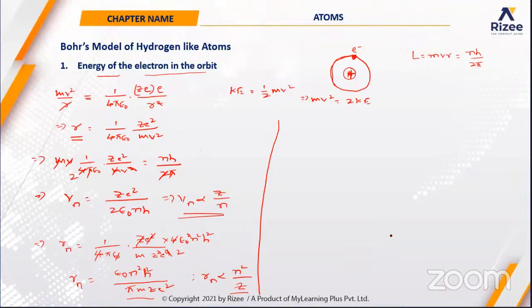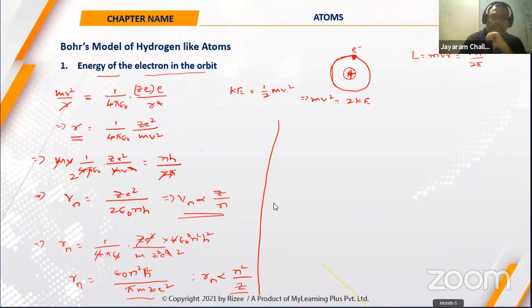Substitute the velocity of the nth orbit in that equation of half mv square, and accordingly you can find out the value of the energy relations in this particular case. So that is your kinetic energy.